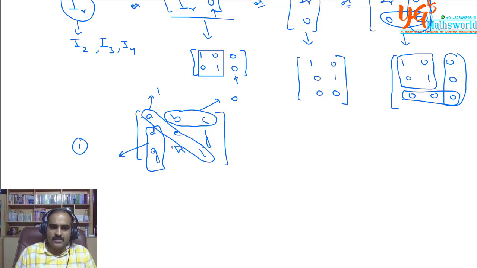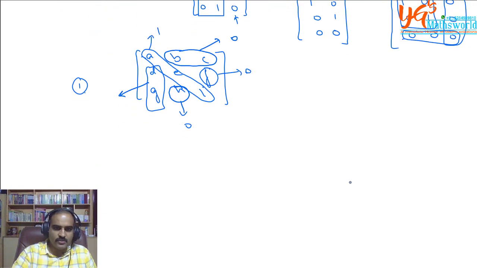Third step, we need to reduce this one to 0, and fourth step, reduce this one to 0. These are the 4 steps involved in a matrix. So we'll take a question for this one.